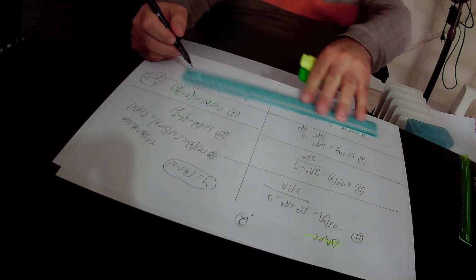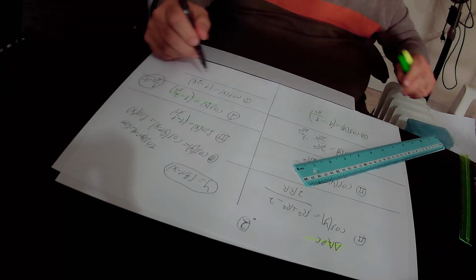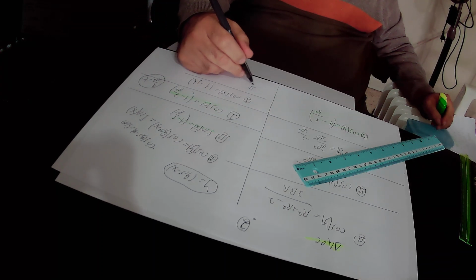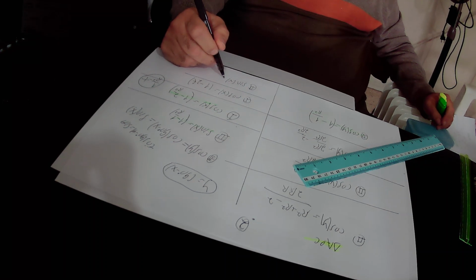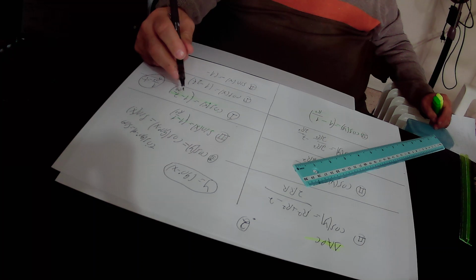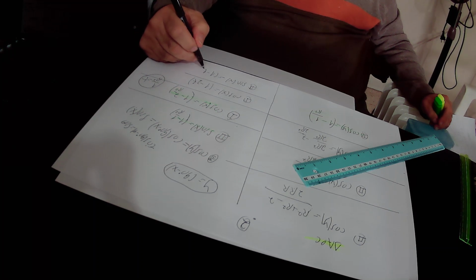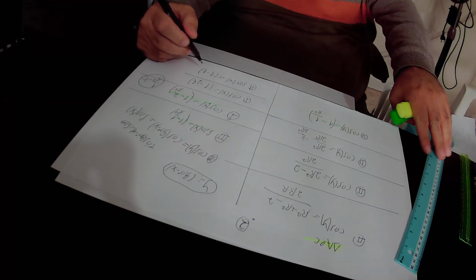And according to equation number 2, sine x equals 1 minus 1 over r squared. So we substitute 1 over r squared is t. So in conclusion, according to equation number 2, sine x equals 1 minus t.